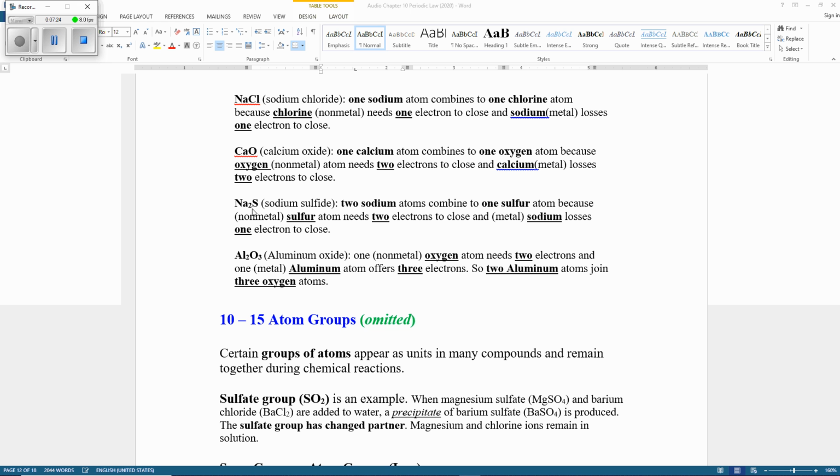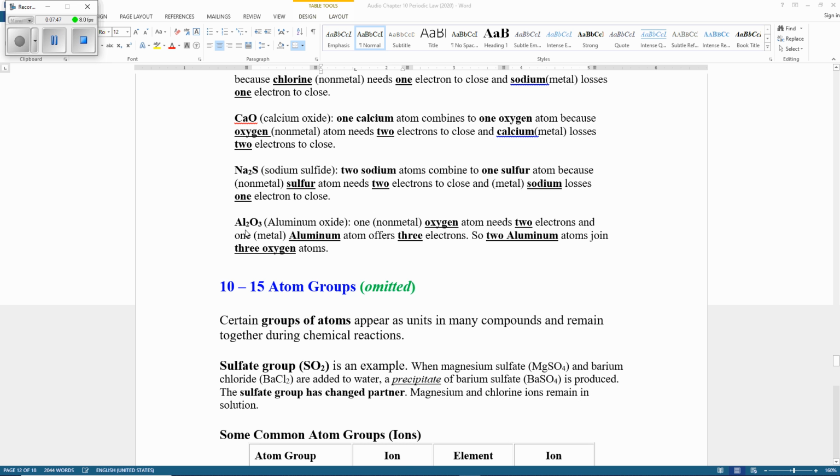So you're going to have 2 sodium atoms combined with 1 sulfur. 2 sodium give 2, and 1 sulfur needs 2, so 2 electrons are transferred. Why is the formula this way? Because they have to match electrons.